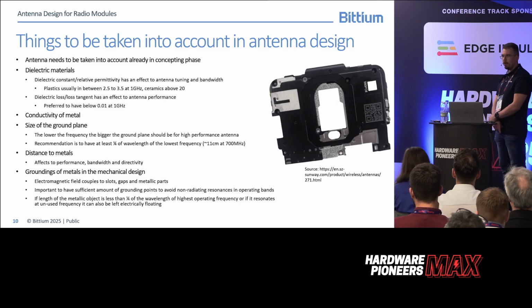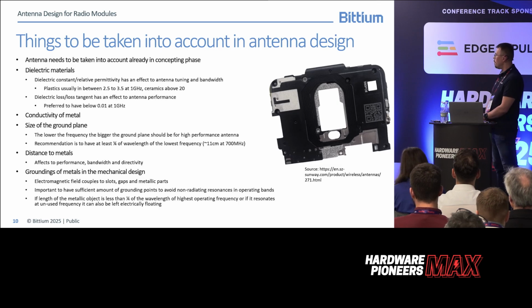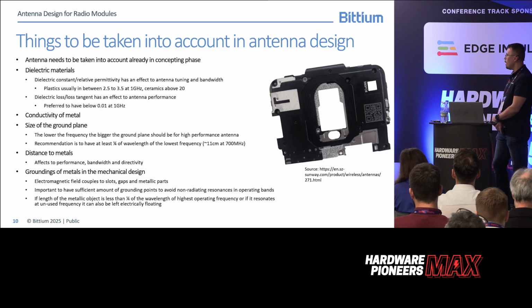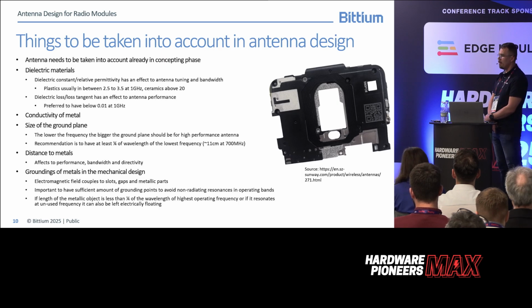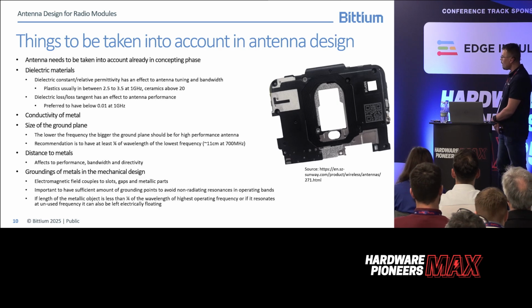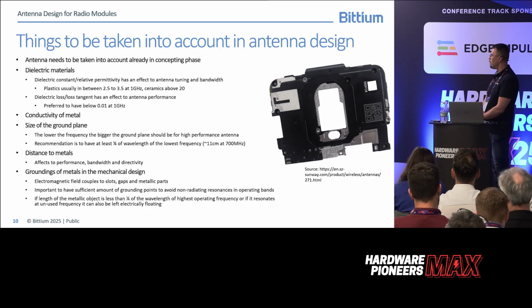For example, if you have a sport watch from Garmin, Polar, or some other brand, you may find that there's a metallic ring around the display. Most probably that ring is used as an antenna or as part of the antenna to enable the satellite connectivity or better performance for that GPS antenna.